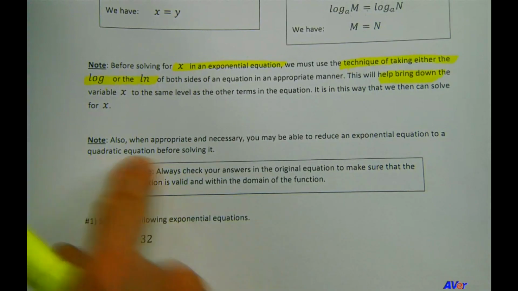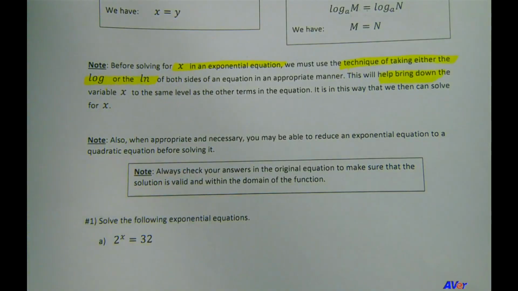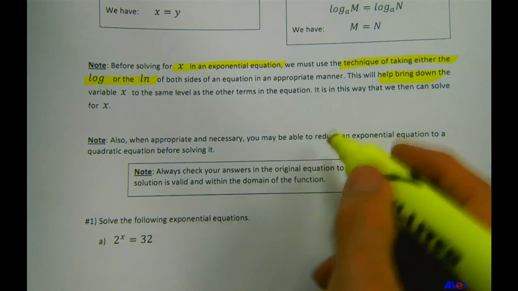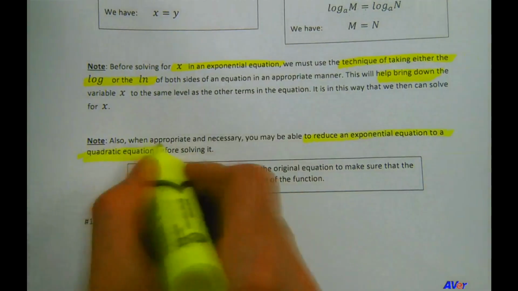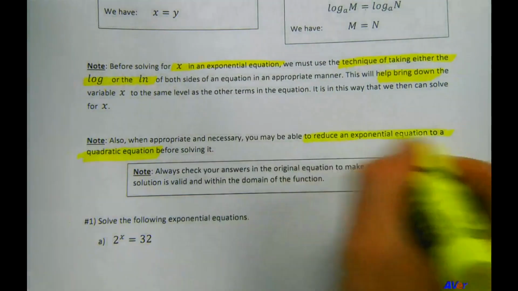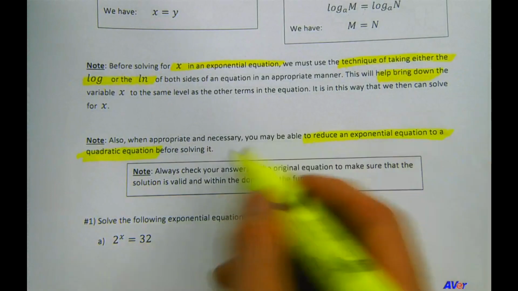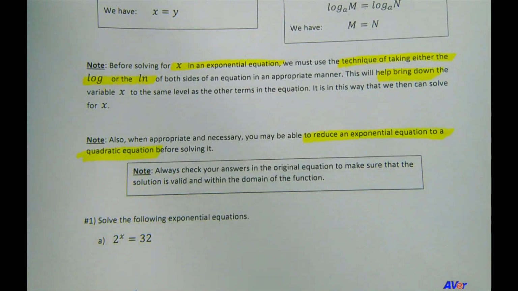So here I'm just reminding you that sometimes we may be able to reduce an exponential equation to a quadratic equation. Do you remember what that is called? We've used this method before, but never before with exponential equations. It has a name that I've used at least several times, two, three, four times so far.